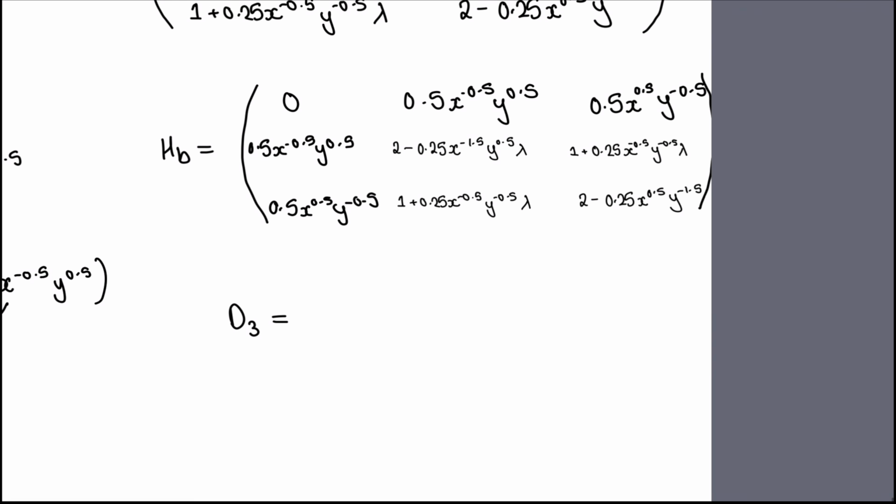So these two times together give us 0. These two times together will give us 0.25, and then x to the power of 0.5 times x to the power of minus 0.5 is just 1, and then it's the same with these two times together.